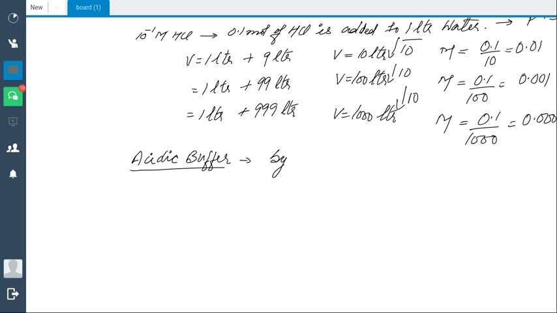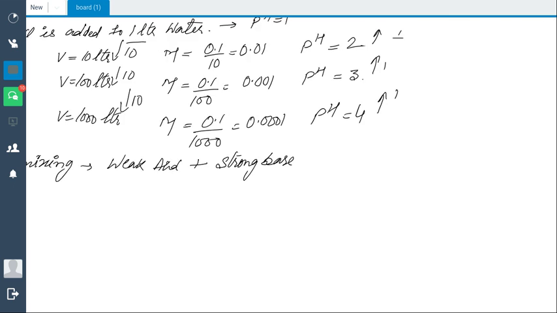By mixing a weak acid plus strong base. You need to remember that the strong one is always in smaller quantity, or it should be the limiting reagent.